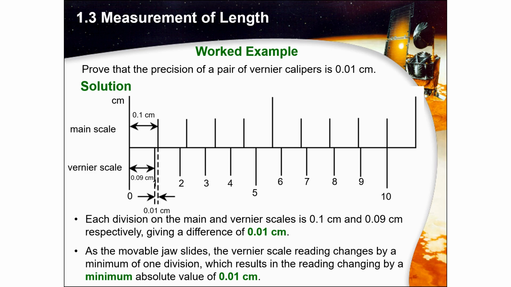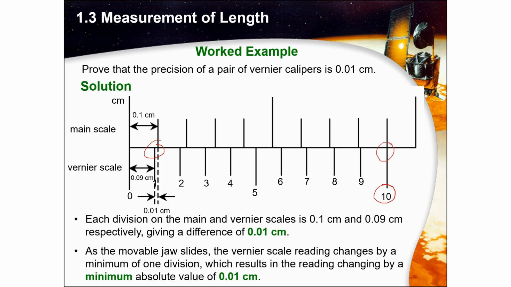Each division on the main and vernier scale is 0.1 centimeter and 0.09 centimeter respectively. So we have a difference of 0.01 centimeter. The first time it coincides, that means we have exactly 0.1 centimeter.